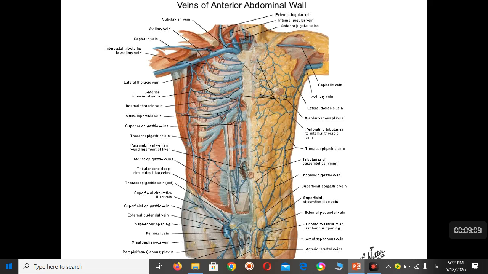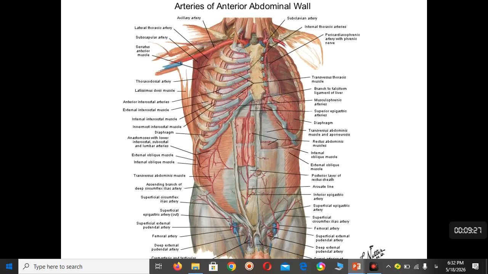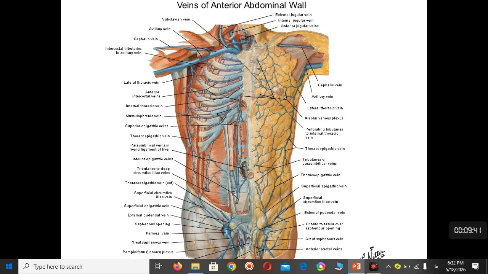Now, the inguinal canal has 4 walls. The length of the inguinal canal is 4 centimeters. The beginning is the deep inguinal ring. Here is the deep inguinal ring, and at the end is the superficial inguinal ring. Here is the superficial inguinal ring.